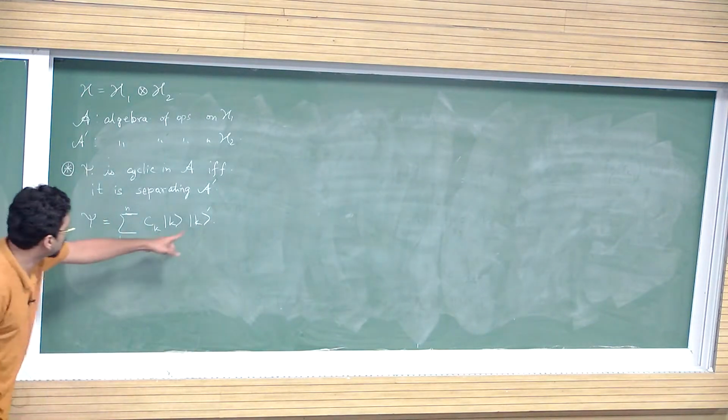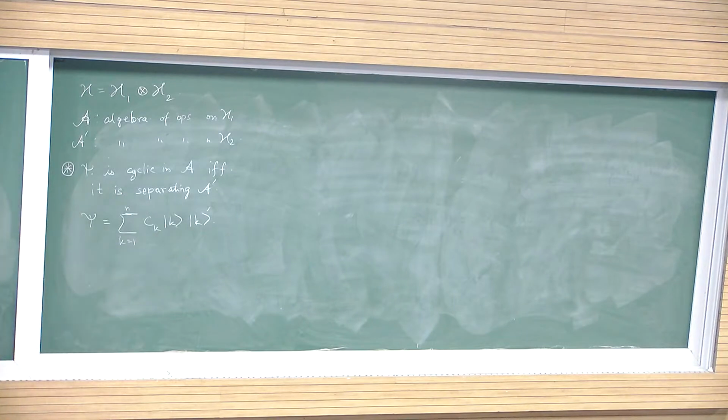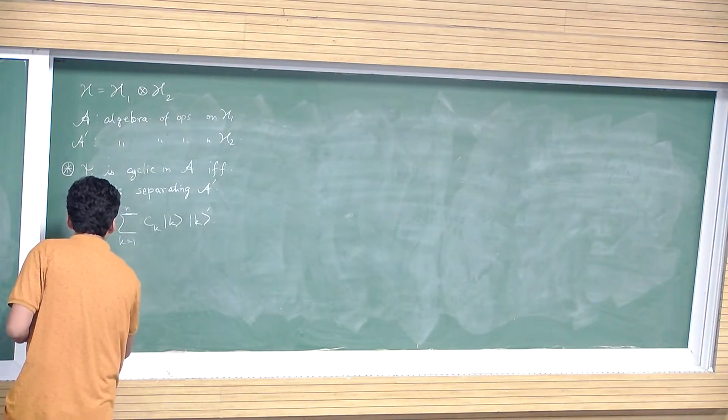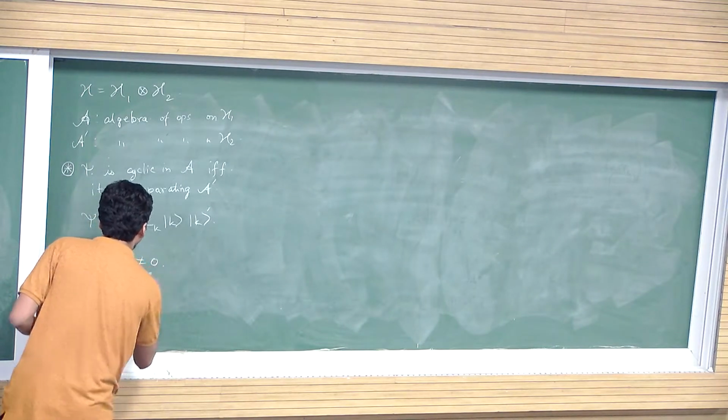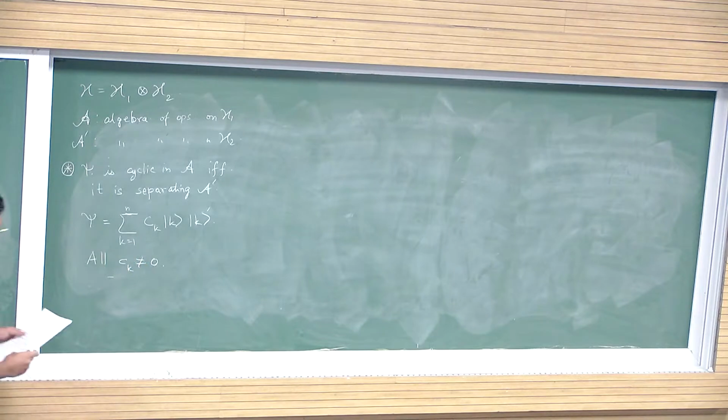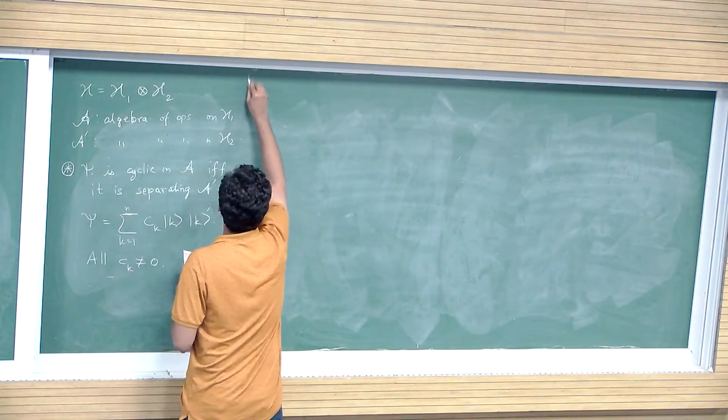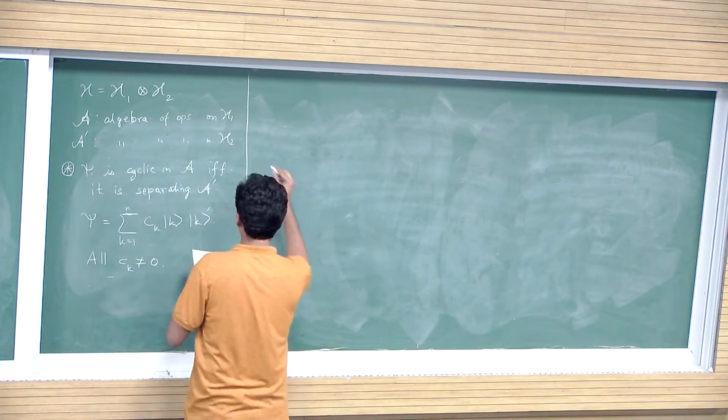These k and k prime are orthogonal unit vectors within H1 and H2 respectively. Also we start with all the ck's non-zero.